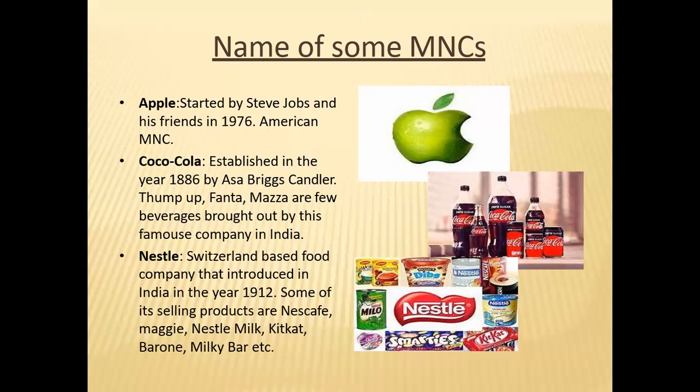There are Thumbs Up, Fanta, Mazda, other beverages which have been bought out by Coca-Cola. Then you have Nestle. It's a Switzerland-based food company that was introduced in India in 1912, and some of its selling products that we all use are Nestle milk, and chocolates like Kit Kat, Milky Bar, Bar One, etc.